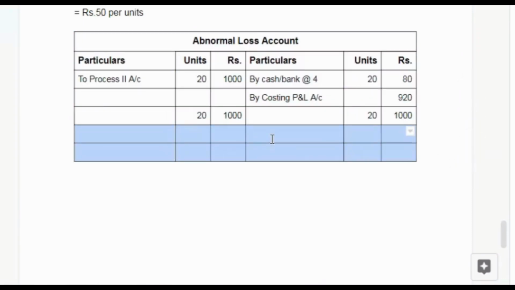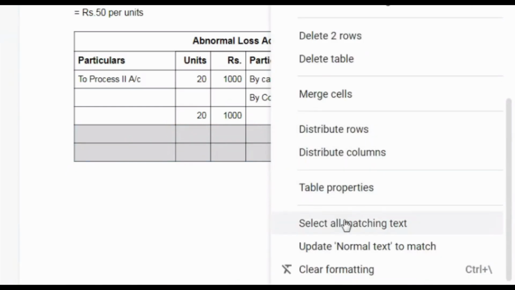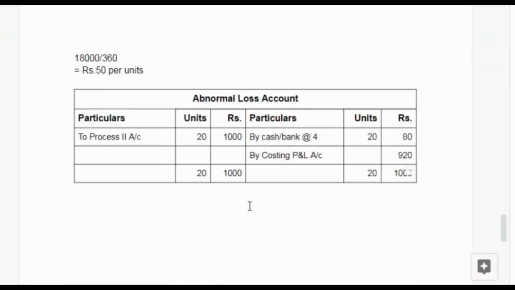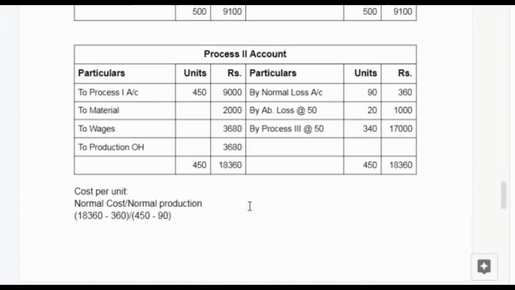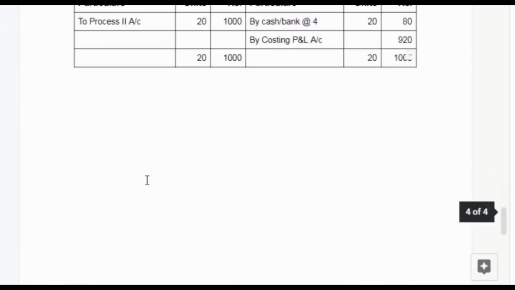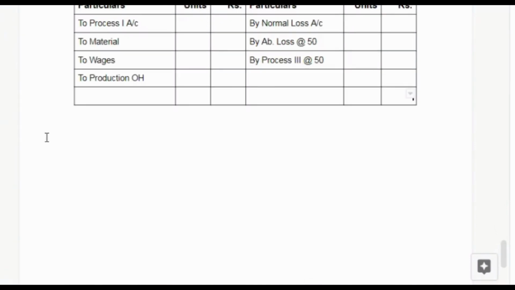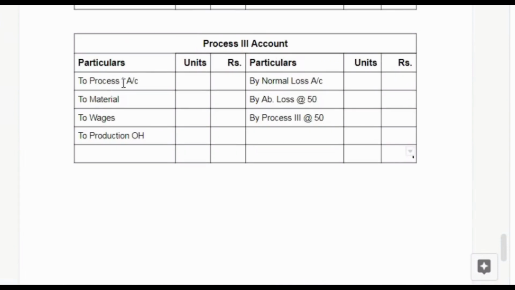So this is the procedure to prepare the abnormal loss account. This is how your abnormal loss account will be prepared. I think it's a very simple thing. We can easily prepare it. Got it? Okay, now the third process, Process 3 account. Now we will make the third process below, Process 3 account. First of all, we transfer the goods from Process 2.